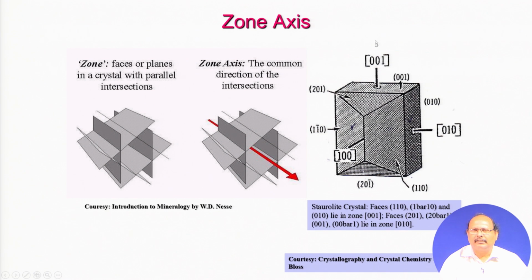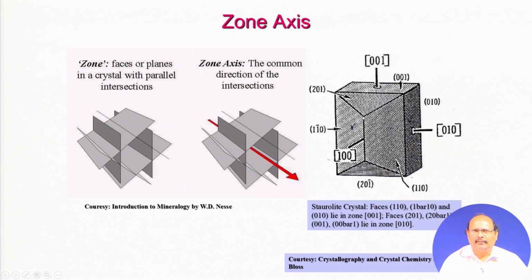Along this line, it is parallel to the C crystallographic axis, the coordinate corresponding to A direction and the coordinate corresponding to B direction is 0. So, that is why it will have a symbol of 0 0 1. So, these four faces lie in a zone which is given by this 0 0 1 symbol. The zone axis symbol is 0 0 1.